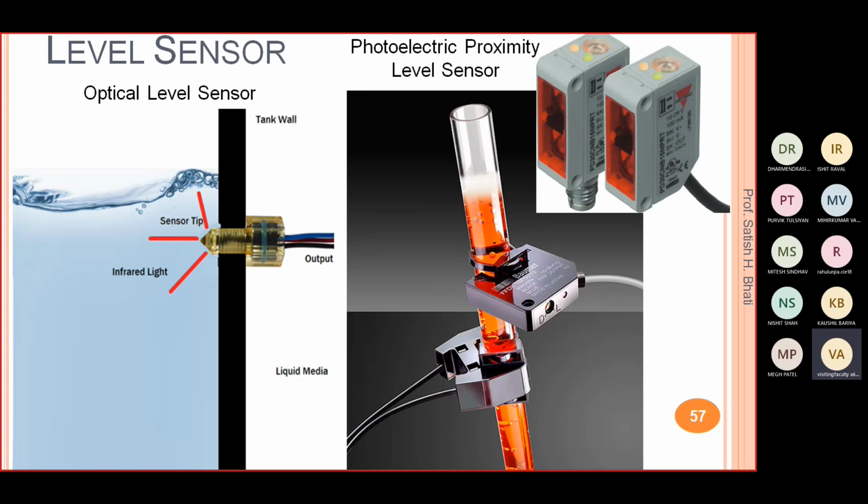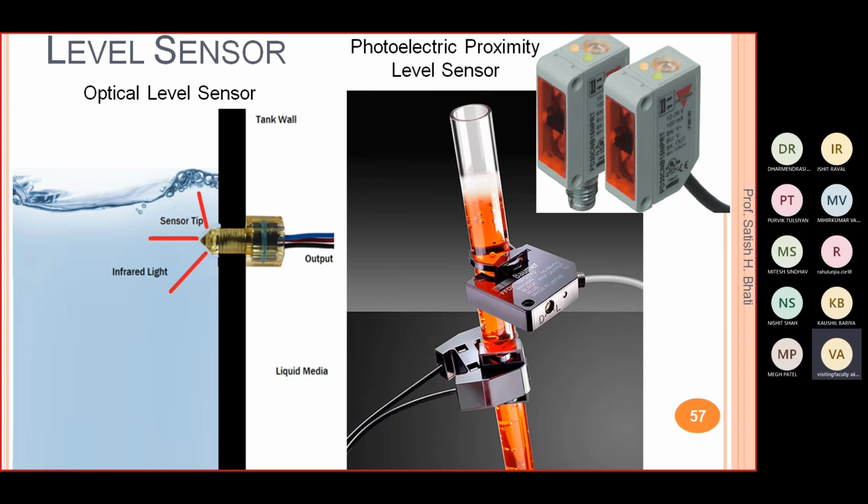You can see they have placed a sensor inside the tank wall, right? At the sensor tip they have an emitter or transmitter which continuously generates infrared light, and based on the reflection of that light, they have the photodiode.